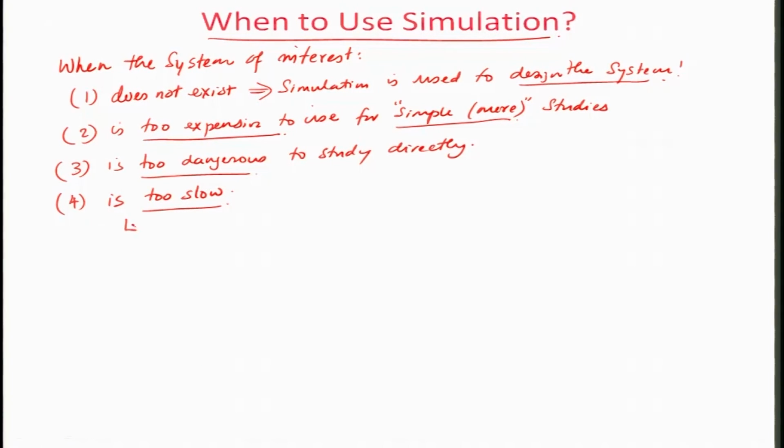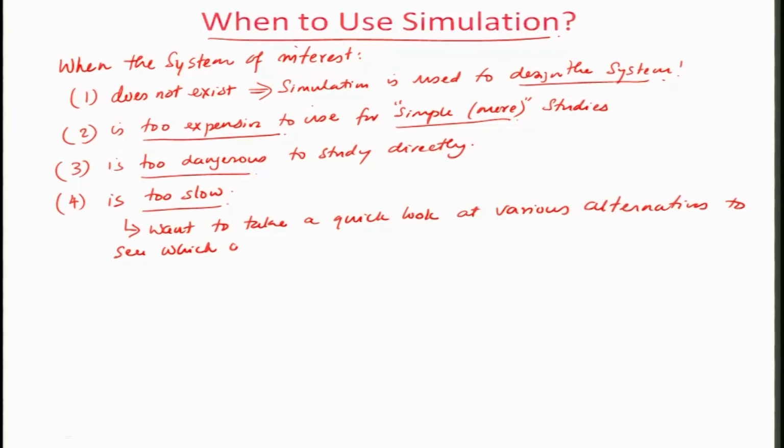So, when the system is too slow, what you want to do is you want to take a quick look at various alternatives to see which ones to pursue in detail. If the system is too big and too slow, you want to look at some alternatives and see which one to pursue in detail. That is when you use simulation.